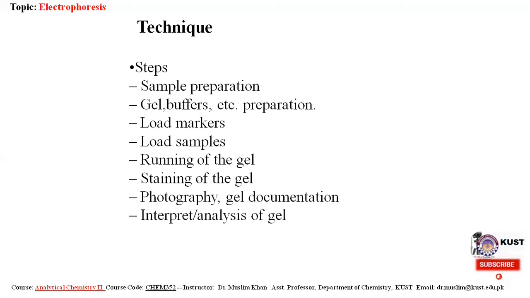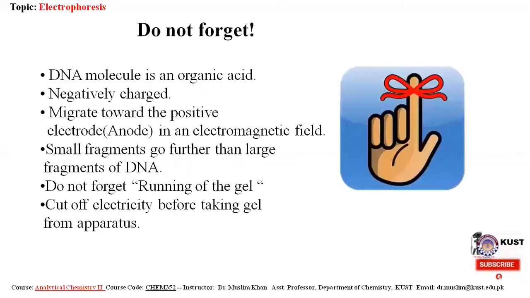And load markers, and then load samples, running of the gel, and the staining of the gel, photography of band and gel documentation, and then interpretation and analysis of the gel, what you got from the electrophoresis technique. But don't forget, when you want to separate DNA, the DNA molecule is an organic acid.